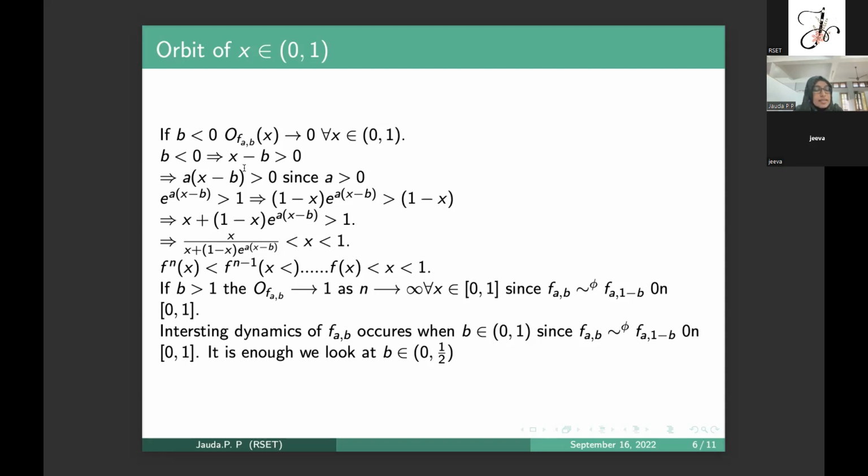Then we get that the nth iterate of f of x is always less than or equal to the (n minus 1)th iterate of f of x. So that implies fn of x goes to zero. Similarly, if b is greater than 1, then fn of x goes to 1.